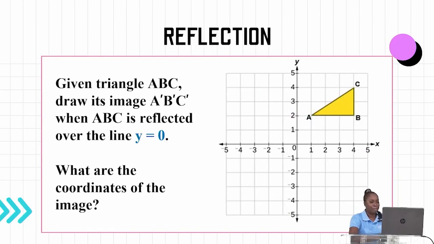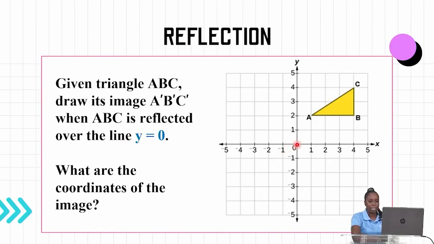So here's another example. Given triangle ABC, draw its image A prime, B prime, C prime when ABC is reflected over the line y equals 0. What are the coordinates of the image? So first, we'd have to identify where the mirror line is located. And the mirror line is identified as y equals 0.